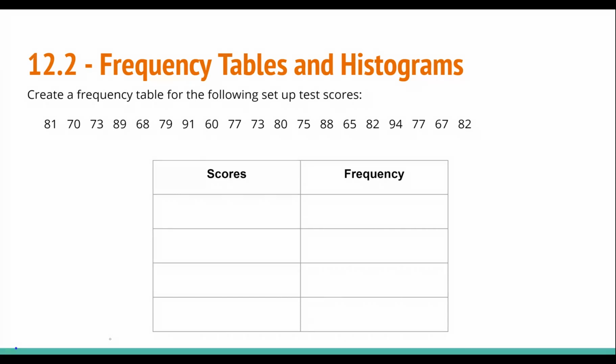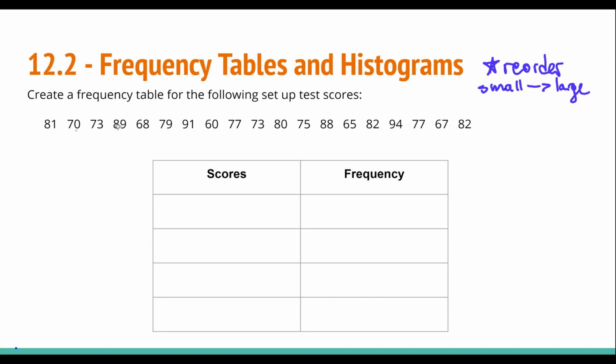My first piece of advice is to reorder your data points. I normally like to go small to big, but that is up to you on what your preference is. I'm actually going to pause for a moment and let you reorganize these.